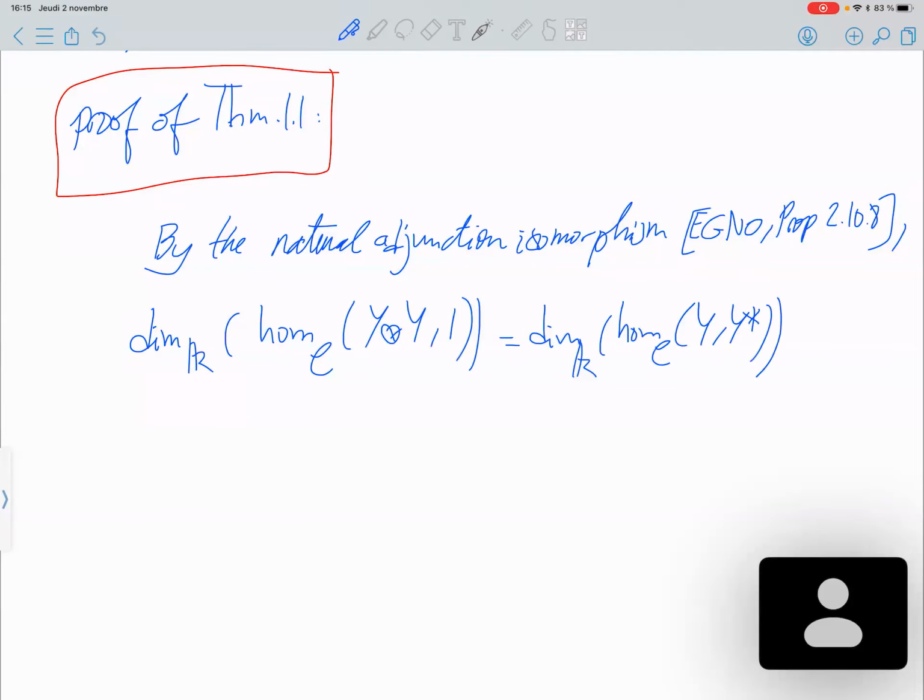In fact, it is not just that the dimensions are equal. By the natural adjunction of the morphism, these two Hom spaces are isomorphic. So in particular, the same dimension.